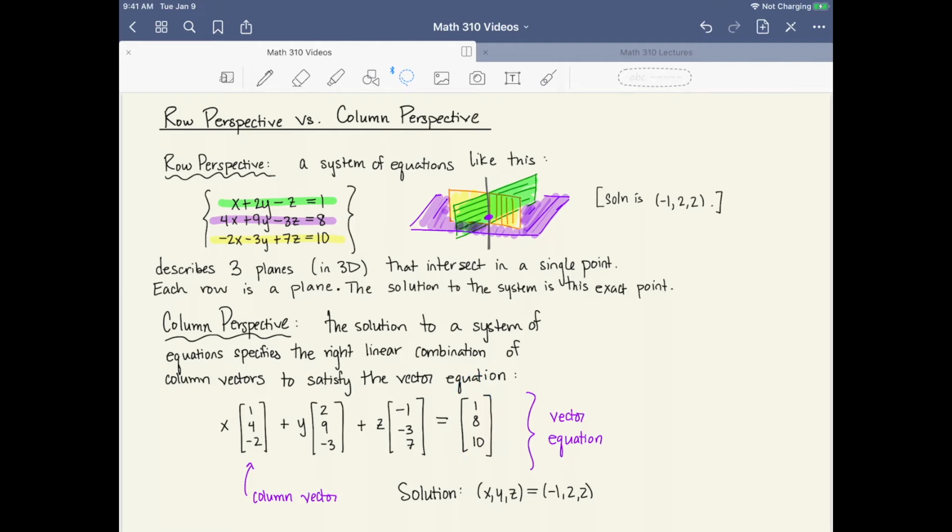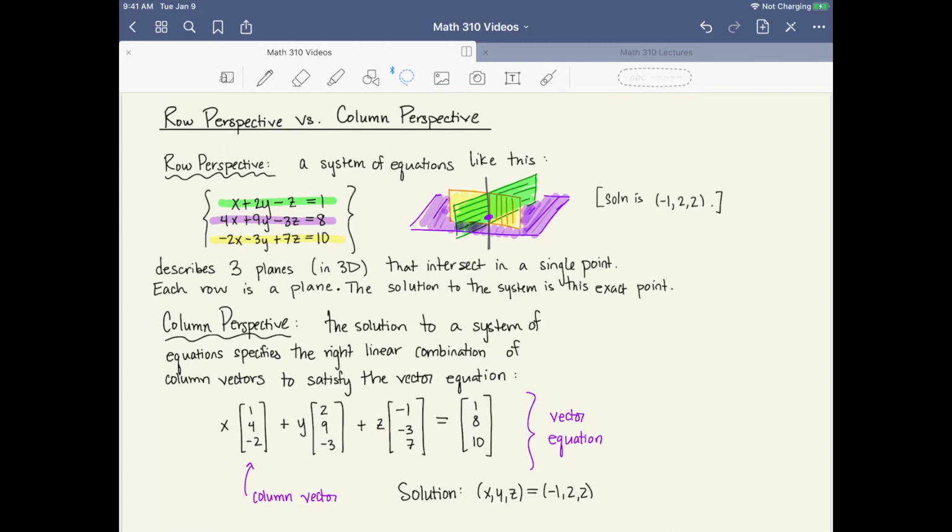We're looking at a linear combination of vectors, a scalar multiple times the first column vector, plus a scalar multiple times the second vector, and a scalar multiple times the third vector. That linear combination then gives us the column vector 1, 8, 10. X and y and z, these are the scalars in this vector equation. And our solution is, what are the scalars that we need to find?